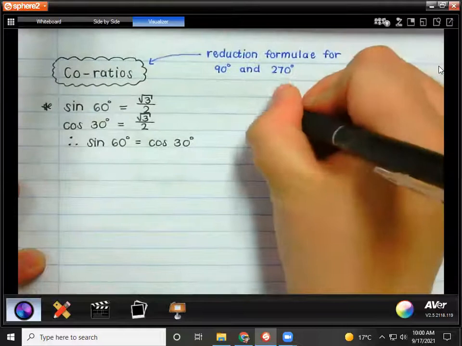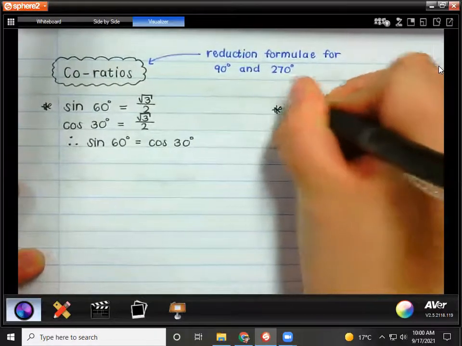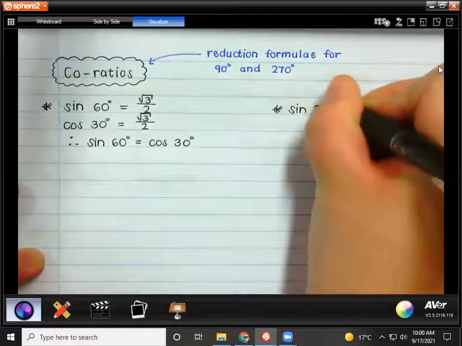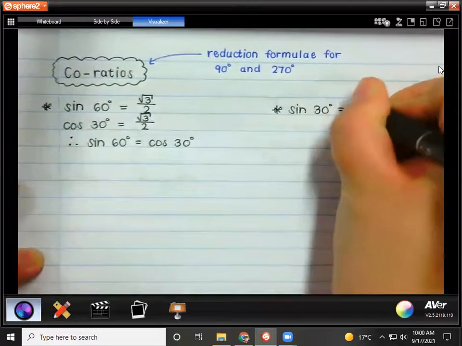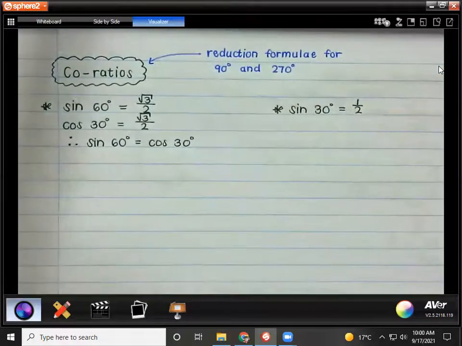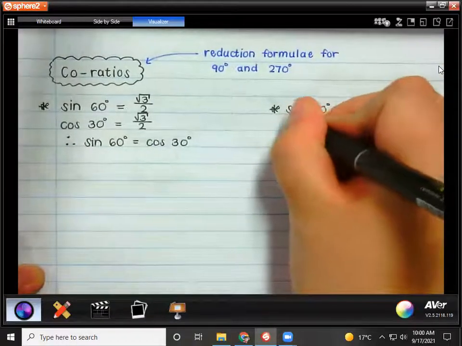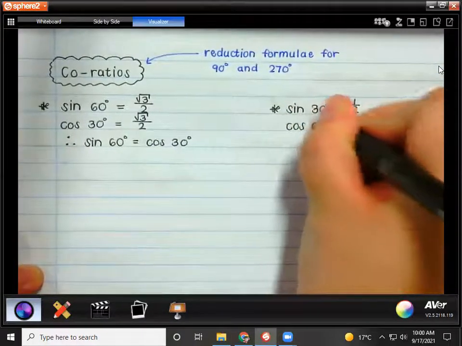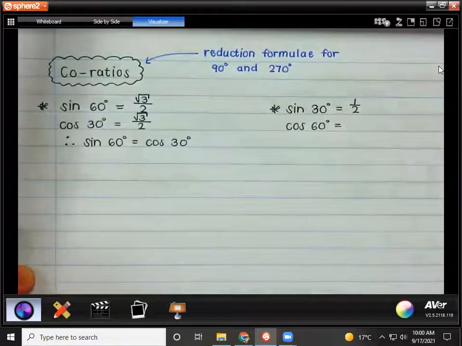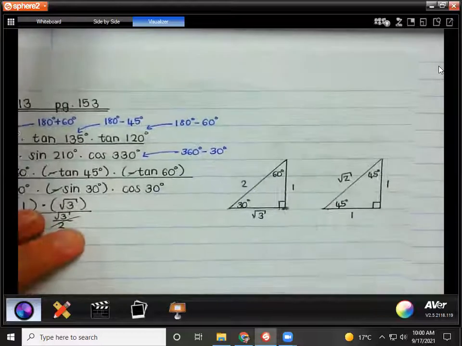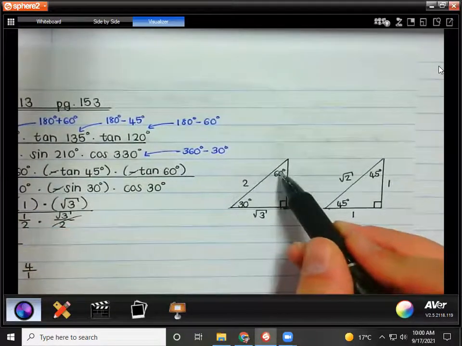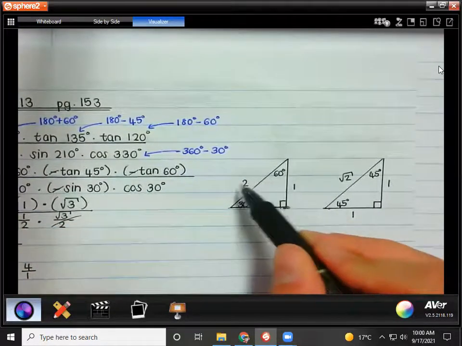We can do some other values. If we work with sine of 30 degrees, we all know by now that that is a half. But cos 60, if you just want to type that into the calculator quickly, or we can go back to our triangle. Cos 60, we're looking at 60 degrees. Cos is adjacent over hypotenuse.